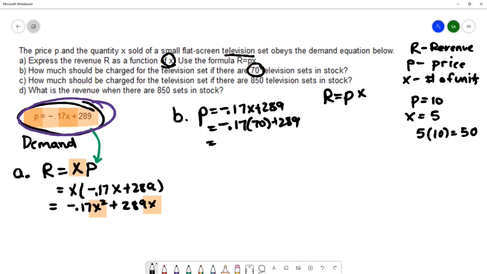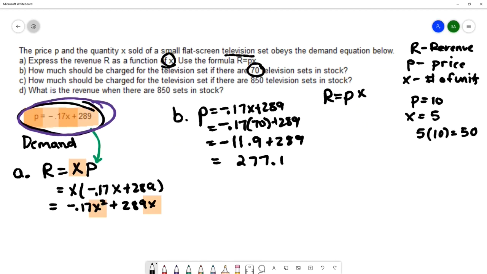I'm going to get my calculator here and do negative 0.17 times 70, and that gives me negative 11.9. Then I want to add 289, and that's 277.1. So we should charge $277.10 if we have 70 television sets.